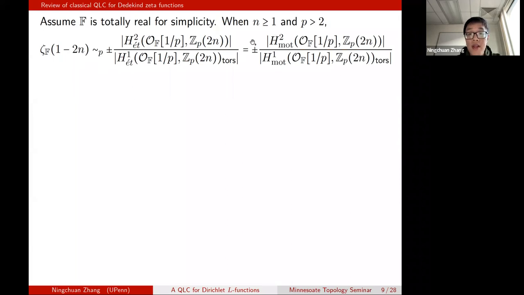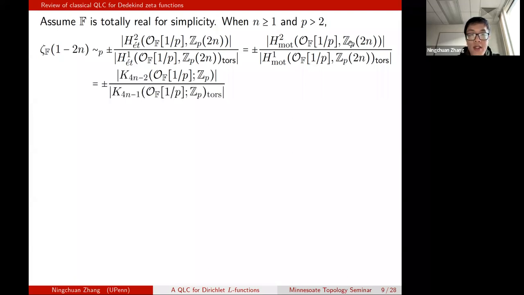And then by the Voevodsky-Rost comparison theorem, in this range, when n is greater than or equal to 1, the étale cohomology groups of number fields agree with the motivic cohomology groups. And then because motivic spectral sequences collapse at those primes, the sizes of the motivic cohomology groups agree with the sizes of the algebraic K groups.